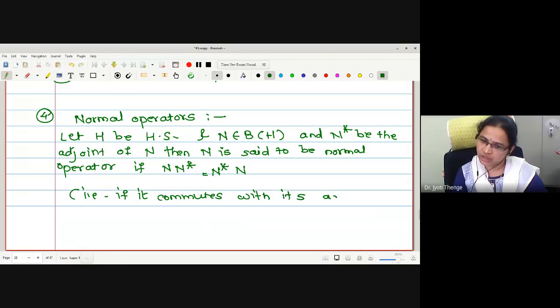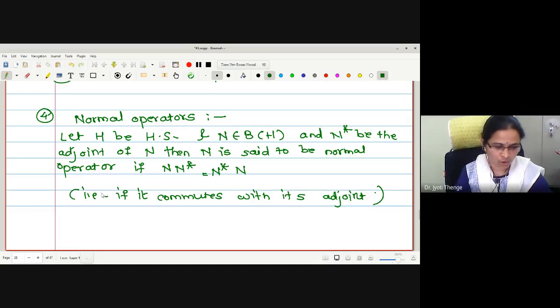If the operator commutes with its adjoint, then it is called a normal operator.